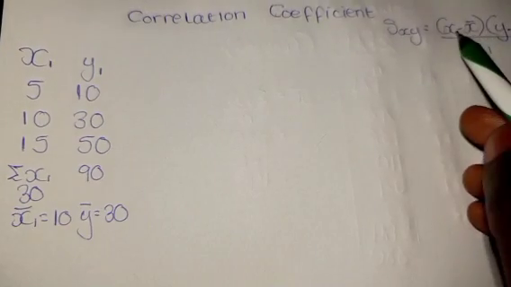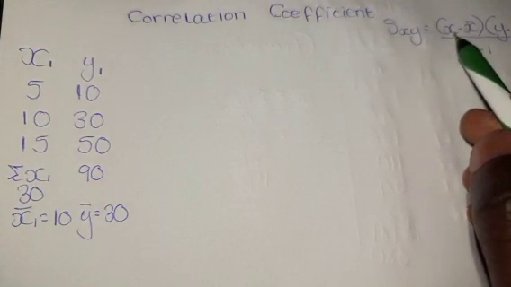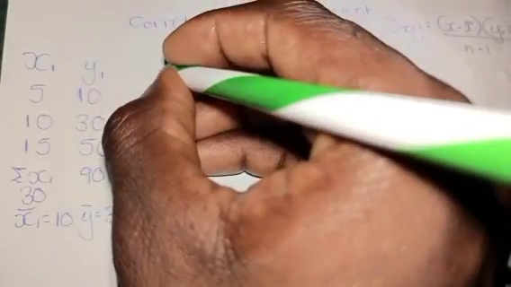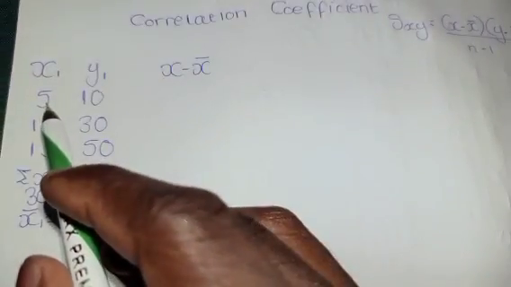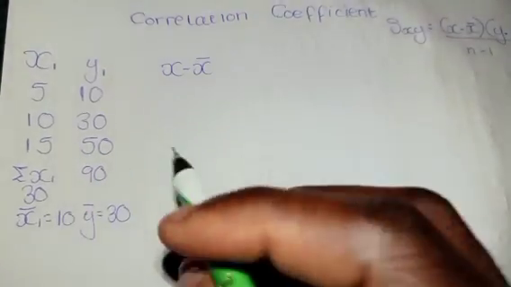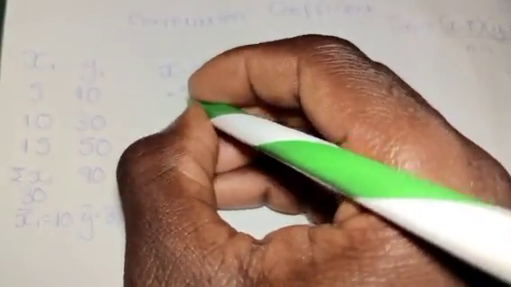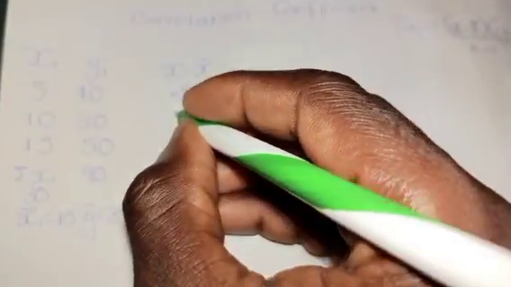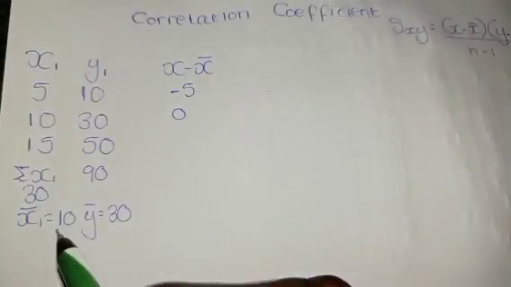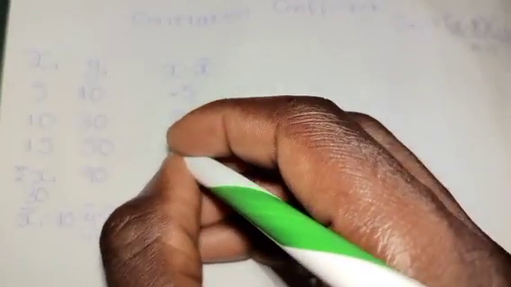So what we have now is a column of x minus x mean, where x in this case is 5. So 5 minus 10 gives you negative 5, 10 minus 10 gives you 0, and 15 minus 10 gives you 5.